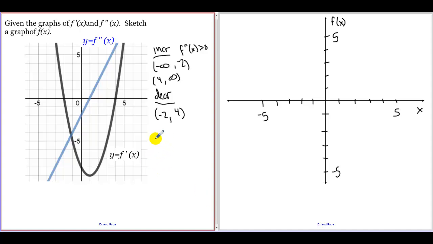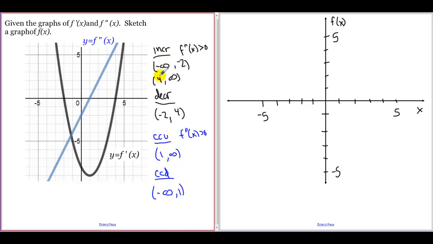Our second derivative tells us concavity. We're concave up when our second derivative is greater than 0. So we're concave up from 1 to infinity, and we're concave down from negative infinity to 1. So now it's about plotting the points.